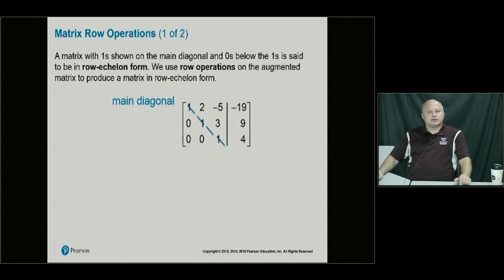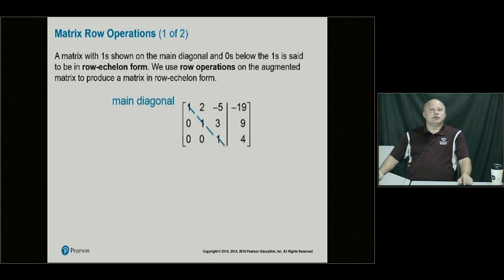Once you have z equals 4, you can plug that back into the middle equation to solve for the y. Of course, you would have to multiply 3 times the 4 because it would be 3 times z, and that gives you the ability to solve for y. So the middle equation will give you the y, and the bottom equation will give you the z.